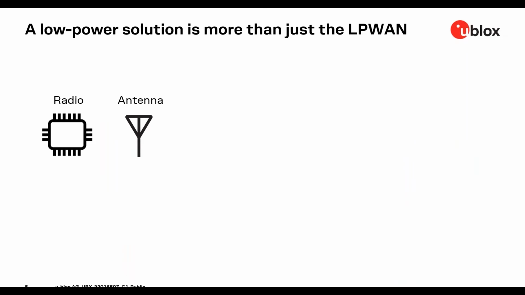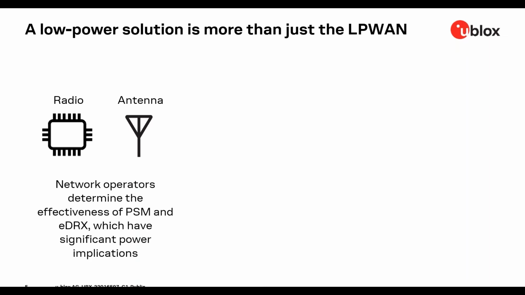So many of these IoT use cases are under these types of parameters and constraints. They're going to utilize a low power wide area network. And these networks have certain features such as power save mode and eDRX, extended discontinuous reception, which offer benefits of improved power consumption.